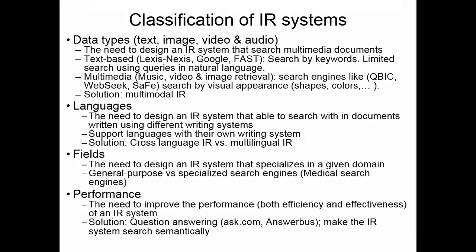Still, search engines are also challenged by performance. So still, the need to improve both the efficiency and effectiveness of an IR system is expected. To satisfy users' information need, many attempts are there. Still, Google is working to optimize the search engine because the recallability of the system is still minimal, not even reaching 15%.